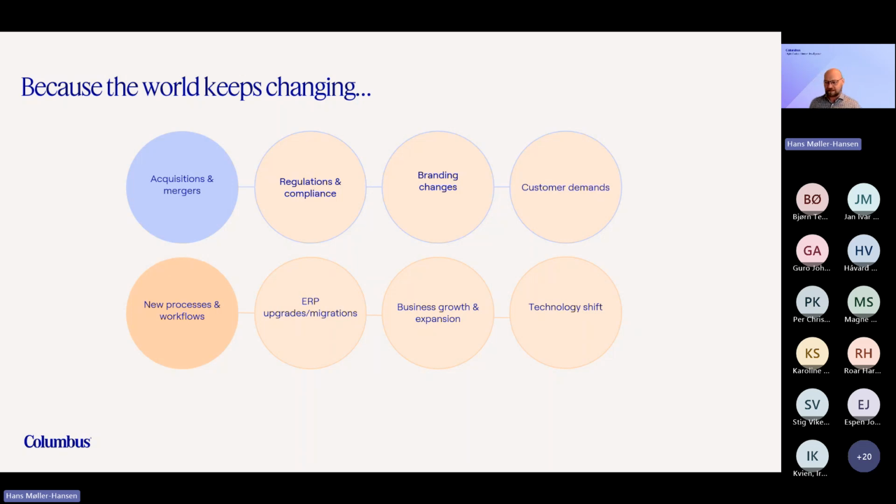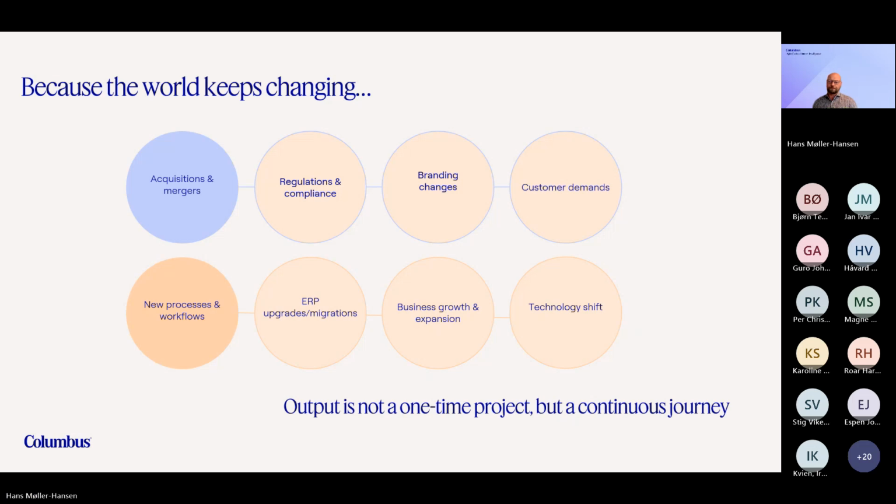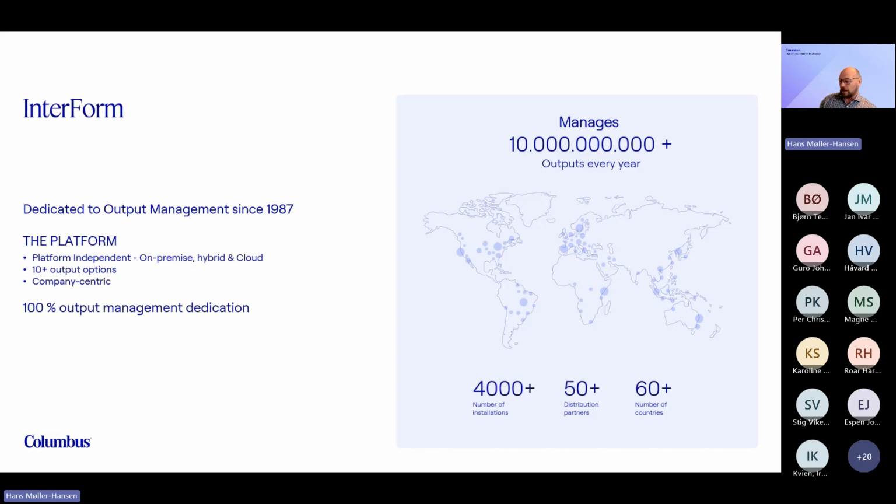If I cannot scan that GS1 code, you cannot deliver to us. So all these things influence, because every time somehow it influences the documents. So for me, output is not just a one-time project, but something that keeps changing over time.